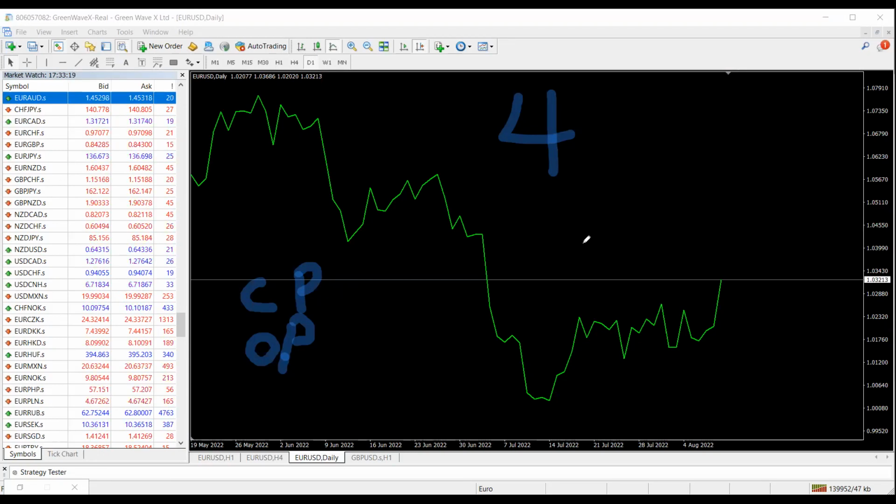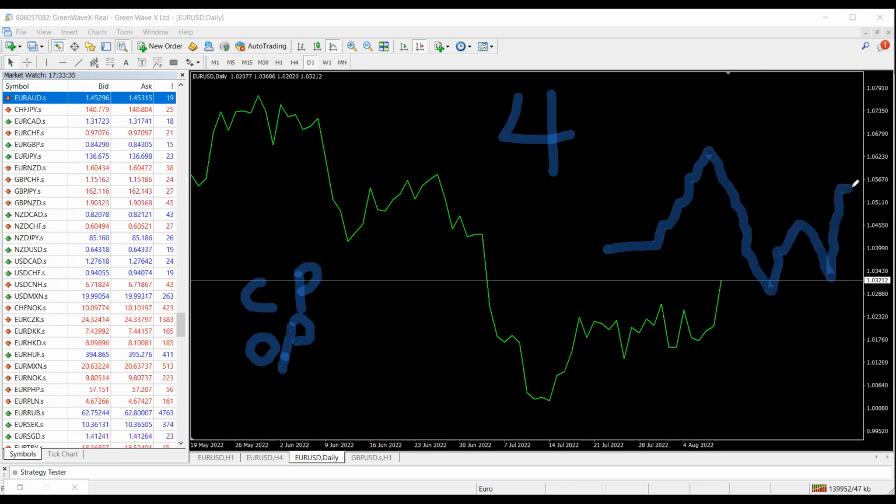Let's say price starts in a particular 1 hour, goes up, then down, then up, then down, and then closes here. This is going to be our opening price, and this is going to be our closing price.